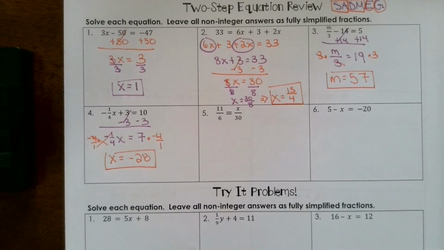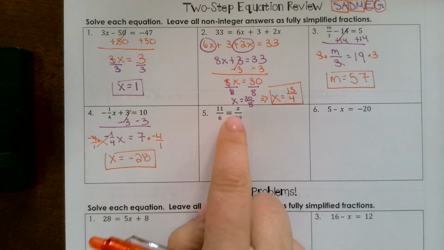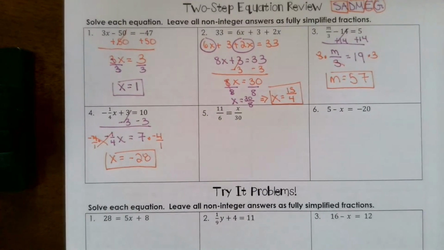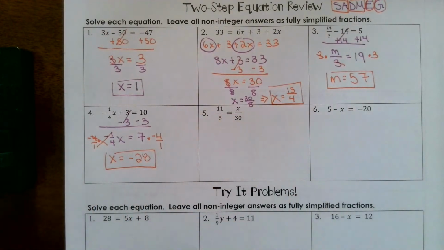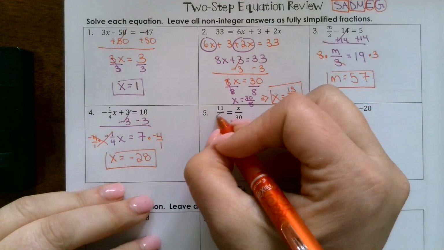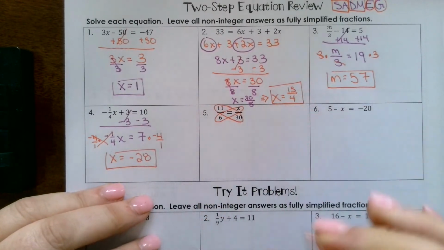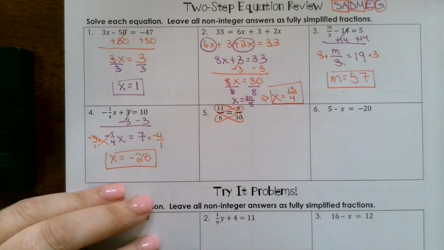This is a proportion. I have a ratio written in fraction form equal to a ratio written in fraction form. If you remember anything about ratios or proportions, you know that the cross products are equal. So indeed, 11 times 30 equals 6 times x.